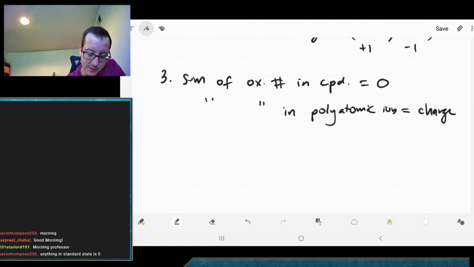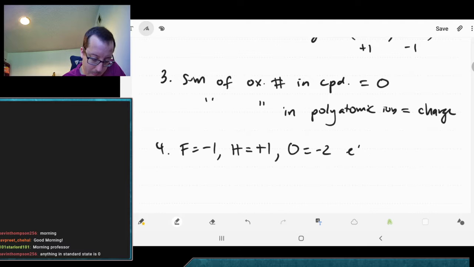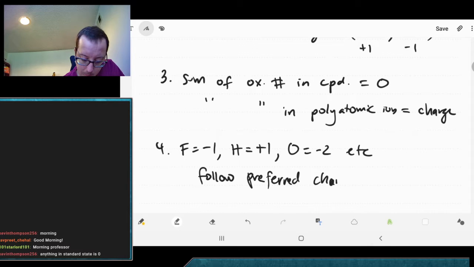And then lastly, if all else fails, we start with electronegativity order, and then we follow preferred charges based on electronegativity.